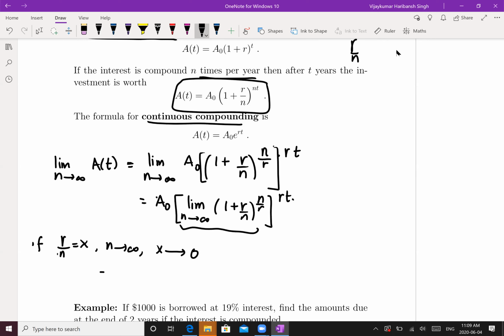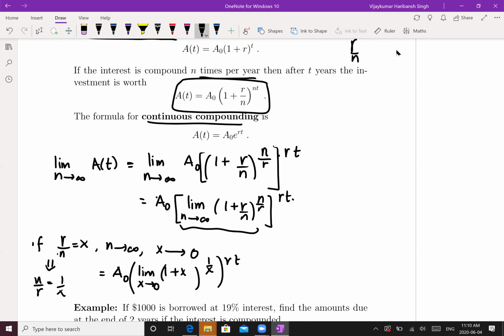So this limit can be transformed into A0 times the limit as x goes to 0 of (1 plus x) to the power 1 over x, the whole power RT.